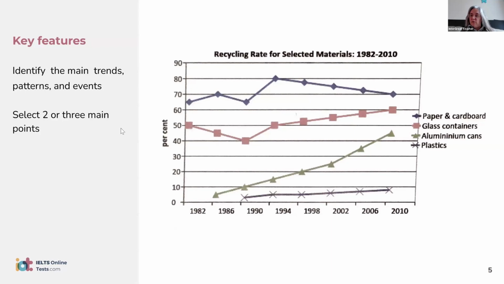That is not the advice that I would give. If we're thinking about the general overview, then the number of points that you make in the general overview will depend on the information that you are presented with.